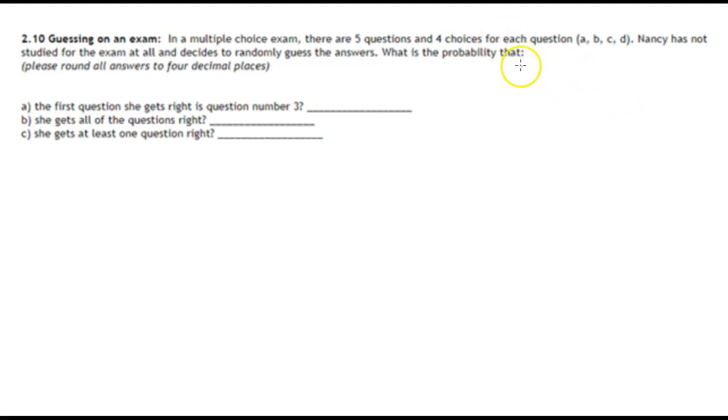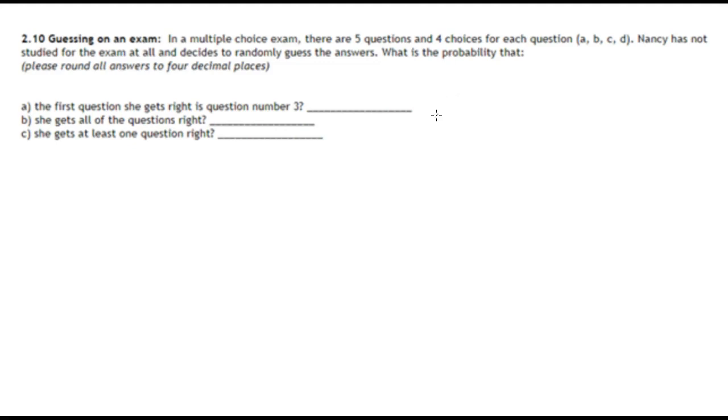Okay, so anyways, for this problem, we're dealing with a multiple choice exam. There are 5 questions and 4 choices for each question. From this, you should be able to notice that this may be a binomial distribution because we have a fixed number of questions, n equals 5 questions, and there's only one correct choice out of 4.